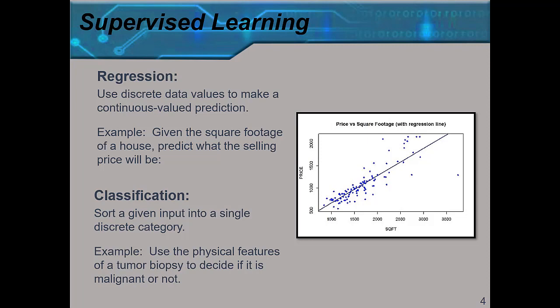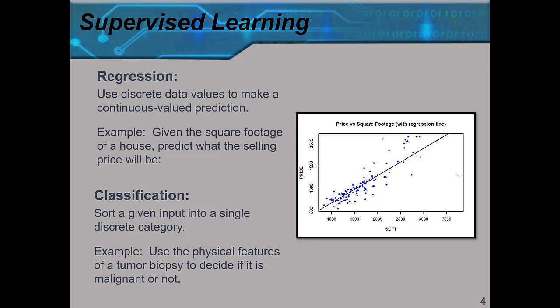One of them, which we've kind of already talked about, is to make a prediction using regression. And in regression, you have a set of training examples that are discrete training examples. So, in other words, you have dots on the graph. All the little blue dots represent actual data points of square footage versus house prices.